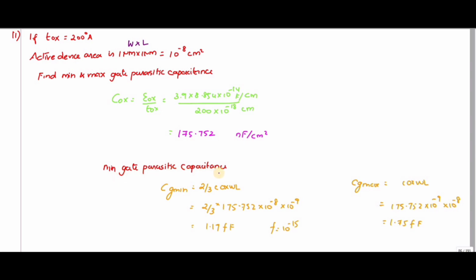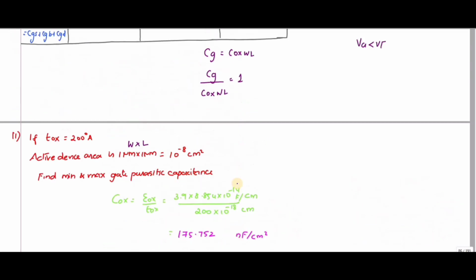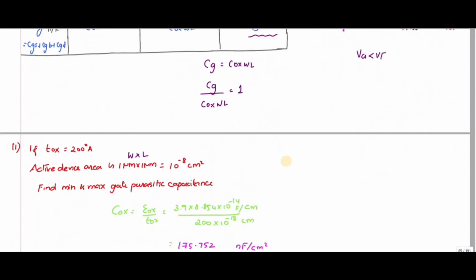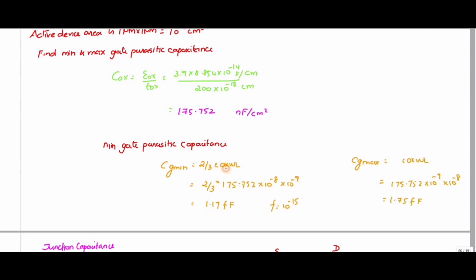The minimum gate parasitic capacitance is nothing but 2 by 3 Cox WL. Compared to these three values, this is the minimum gate capacitance value, so I am taking 2 by 3 Cox WL. The Cox value we already know, that is 175.752.